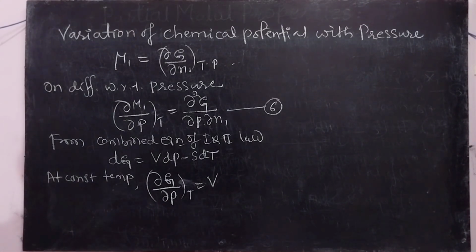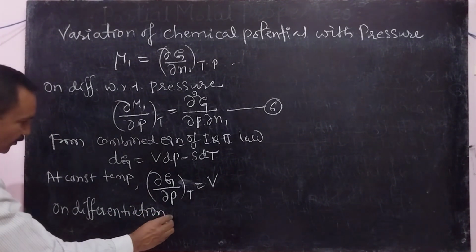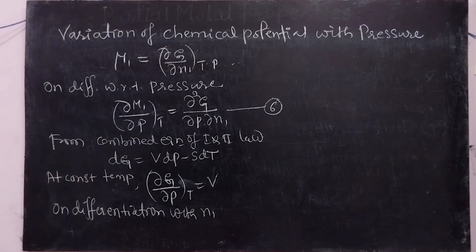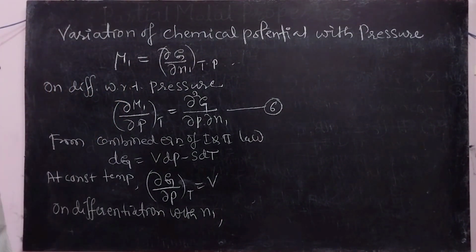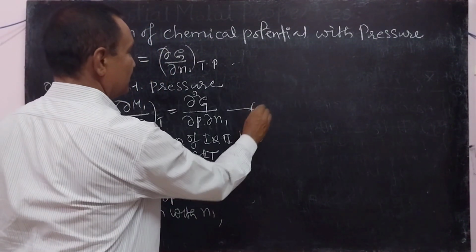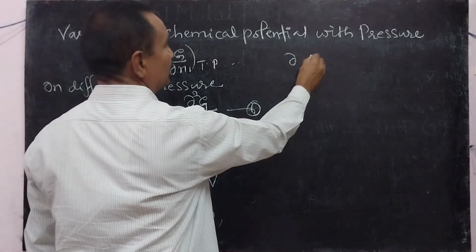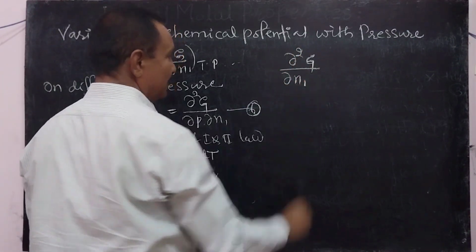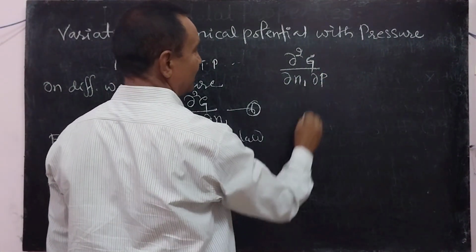On differentiation with N1, we get, differentiate this with respect to N1, that is dou square G, and differentiate with respect to N1 and dou P is already there.